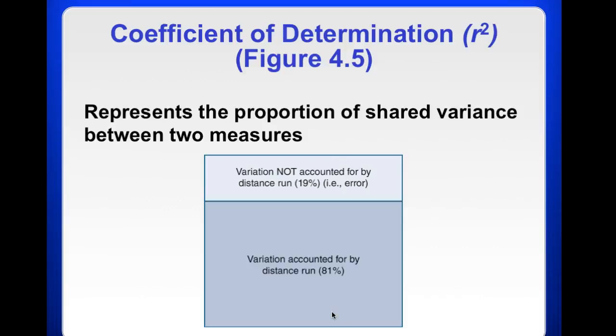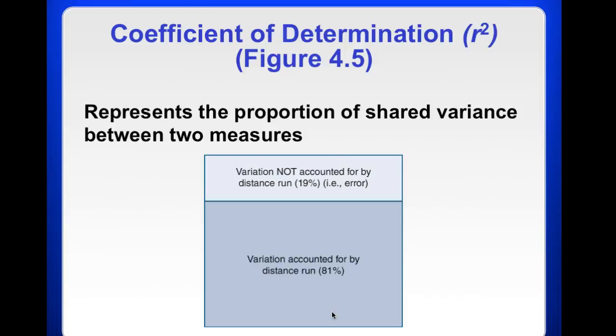A good explanation of this you can find on page 60. And the author here tells us, to understand shared variance, let us examine a specific example. If the correlation between a distance run and VO2 max is r equals 0.9, if you square that, you get 0.81.